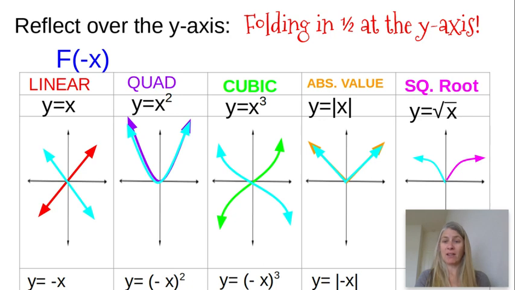So negative 4 is going to show that it's on the other side, in quadrant 2. So remember, if the negative is outside before the f, you're flipping it over the x-axis, going up to down. If it's inside your set of parentheses, you're flipping it like a butterfly.